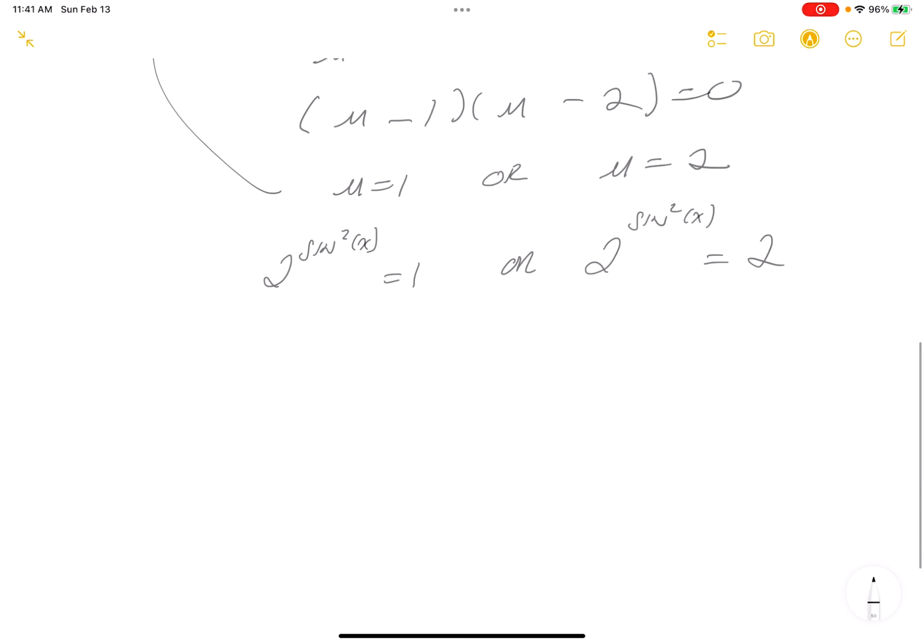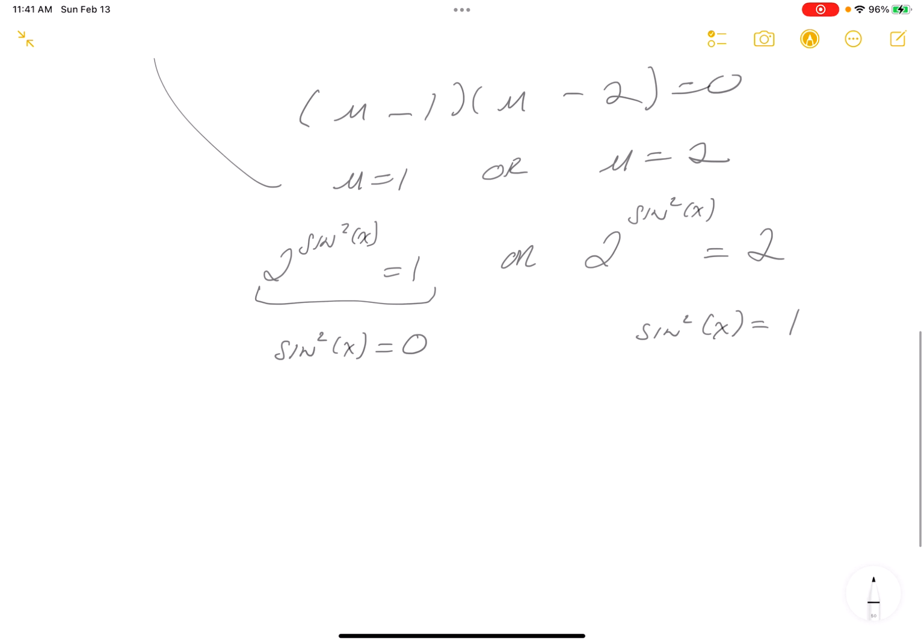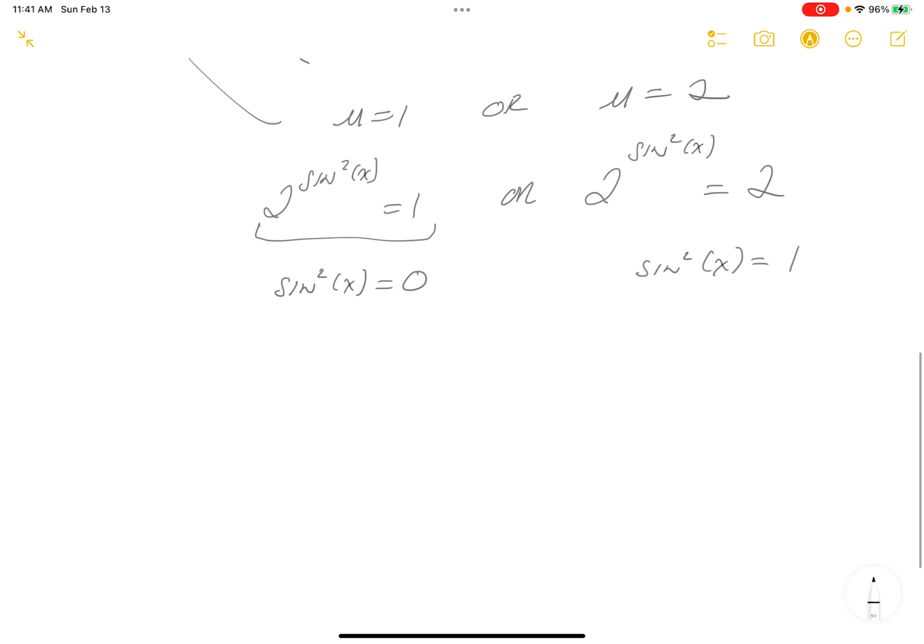Well, I'm looking at these two equations, and the only way this would really work out, at least for this one over here, is if the sine squared of x is equal to 0. And we can solve that. We know how to do that from the Math 120 techniques. And over here, this is really going to be the sine squared x is equal to 1. It's the only way it would work out. All right? Again, 2 to the 0 is 1, and 2 to the 1 is 2. So what I'm going to do over here is make an attempt to solve this.